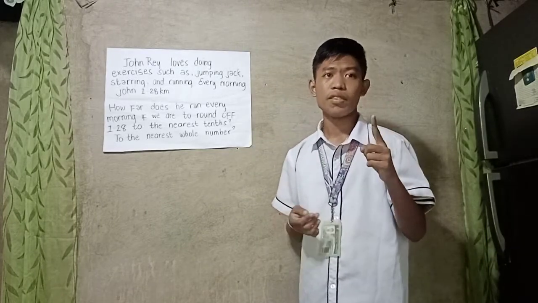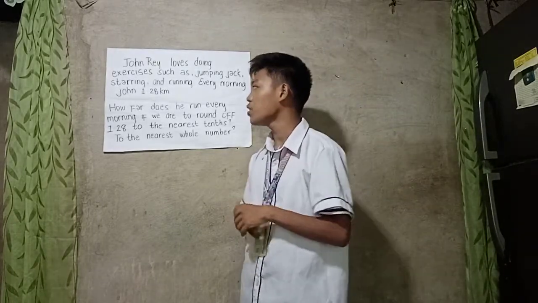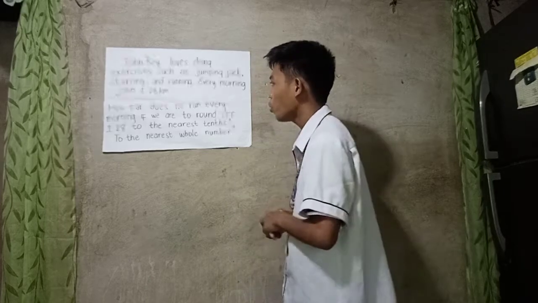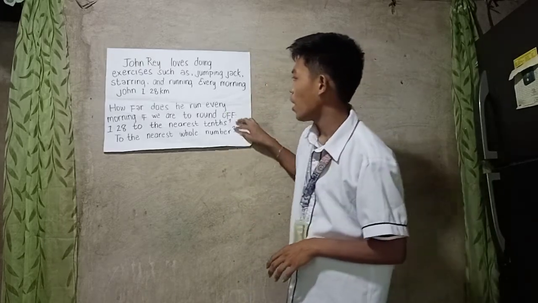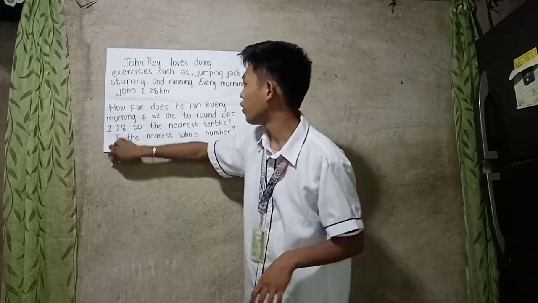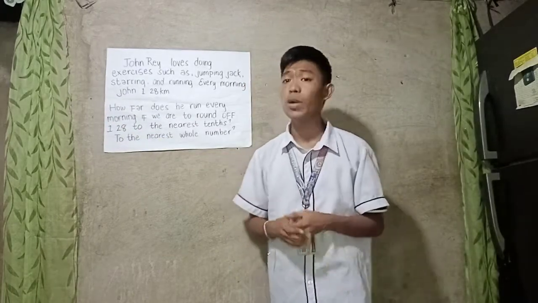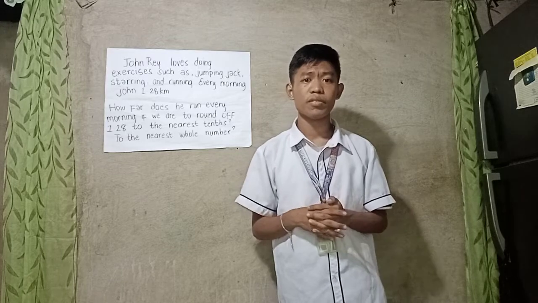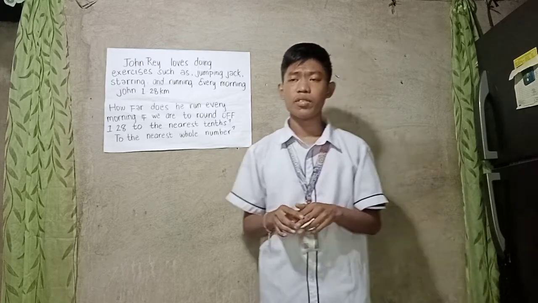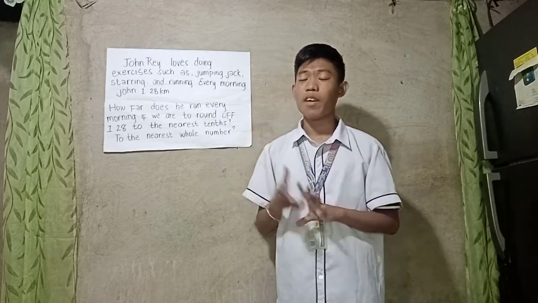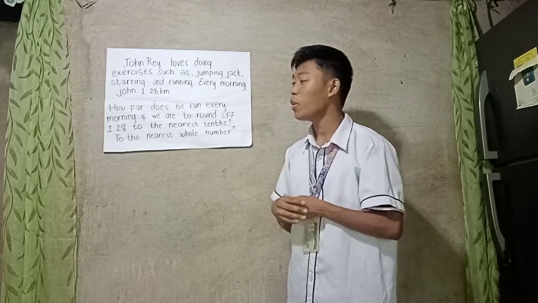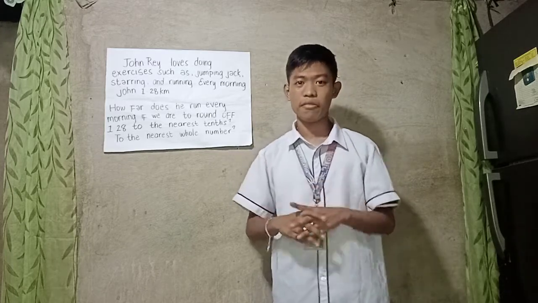Yes, Jessa. Very good. The given decimal number is 1.28 kilometers. And why is it important for John to do exercises every morning? Yes, Roland. Very good. In order for him to be healthy and physically fit.